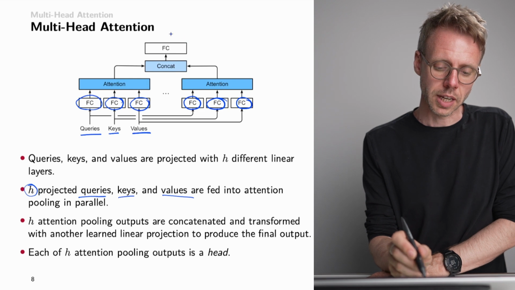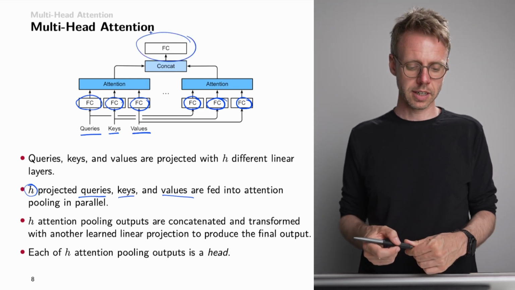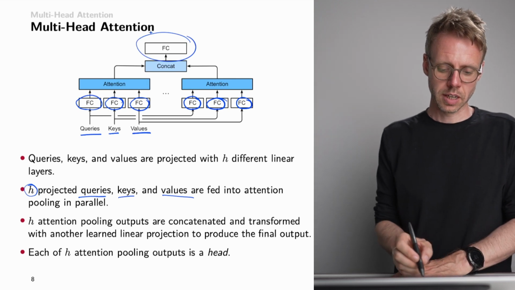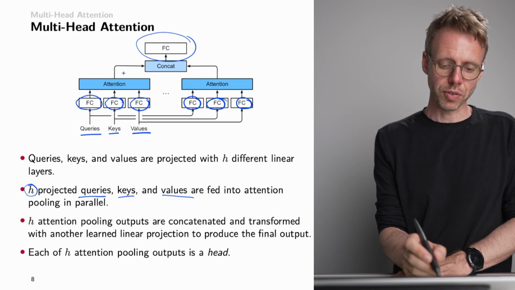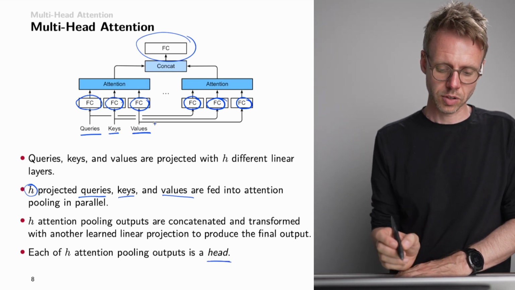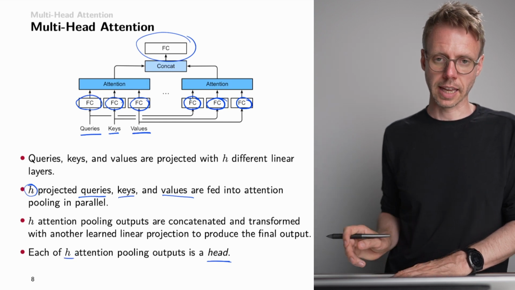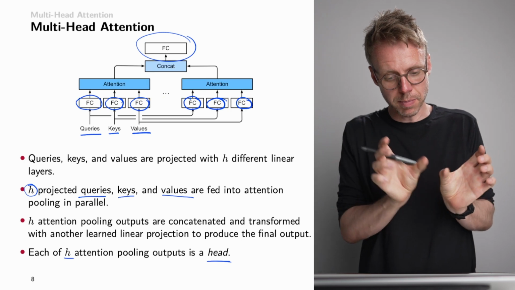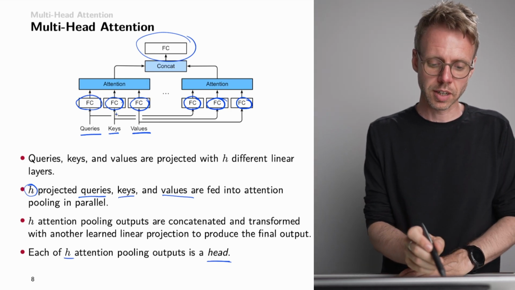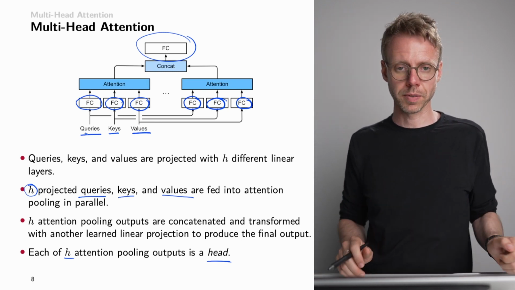And you reduce that to a manageable size using a single fully connected layer. So the output of each attention is called a head, an attention head. So you have h many of these heads that apply basically the same attention operation, just to different linearly transformed queries, keys, and values.